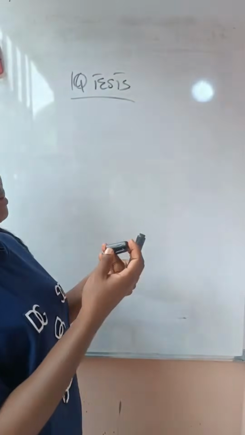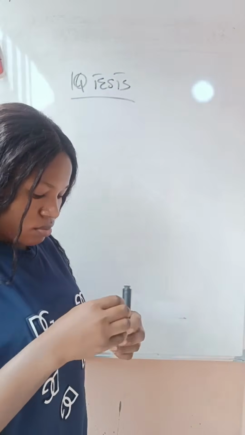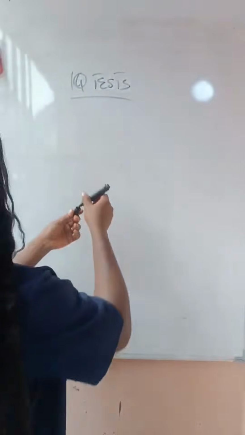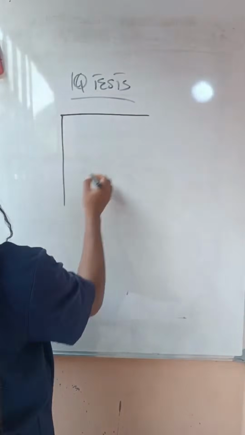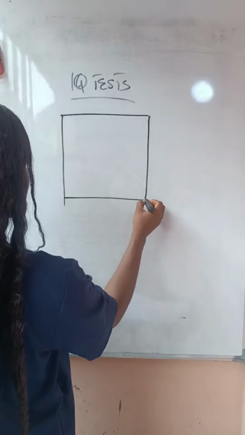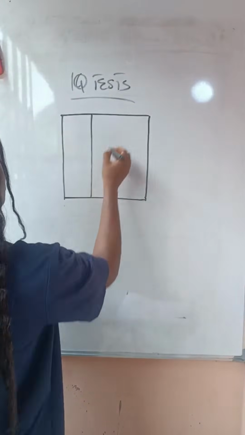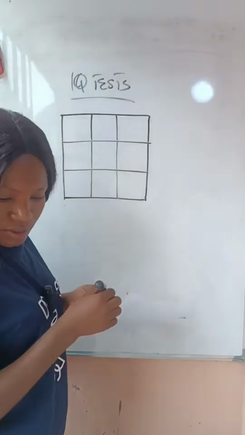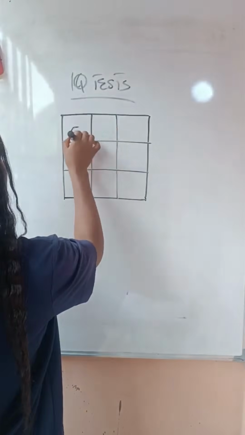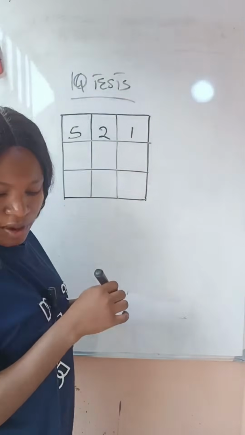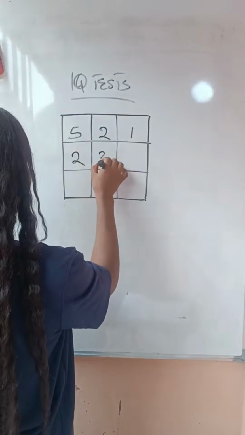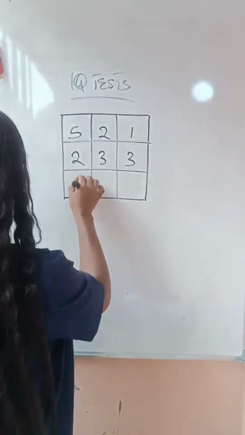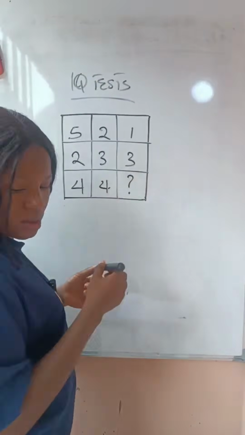Okay, so the question says, find the missing number in the block. So we have a 3 by 3 matrix, and we have 521, 233, and 544 and question mark.